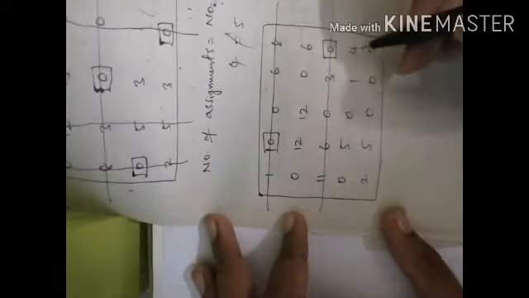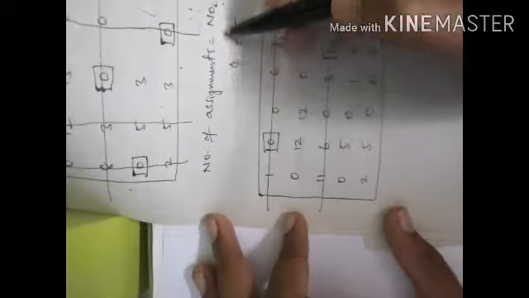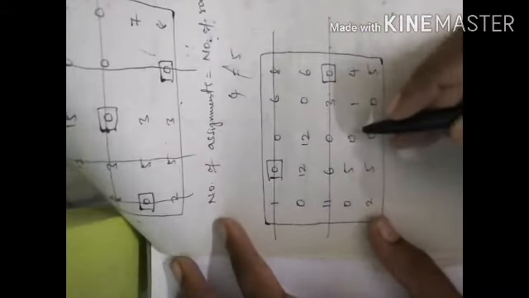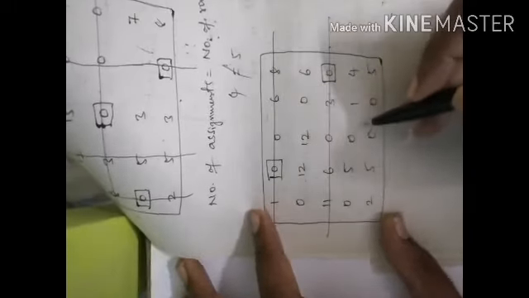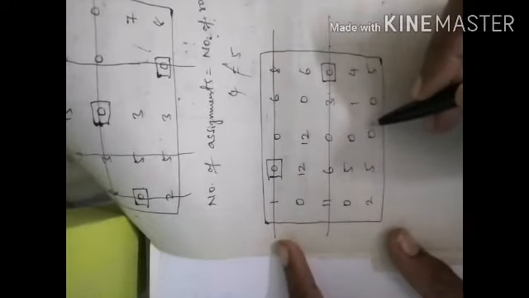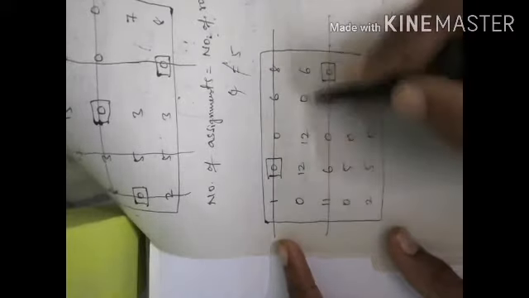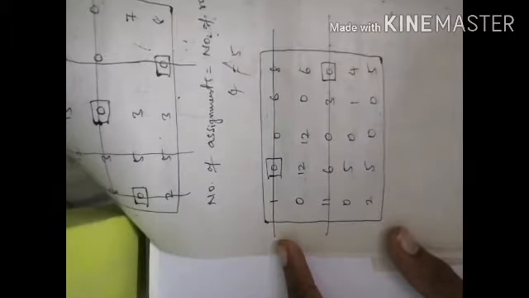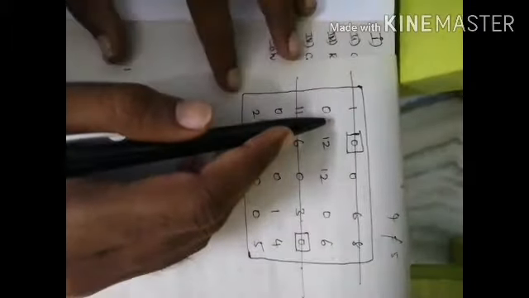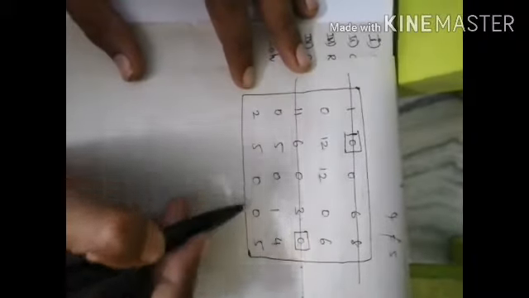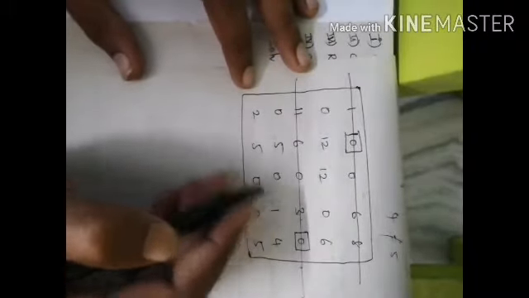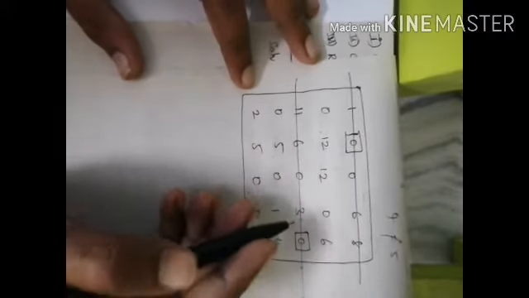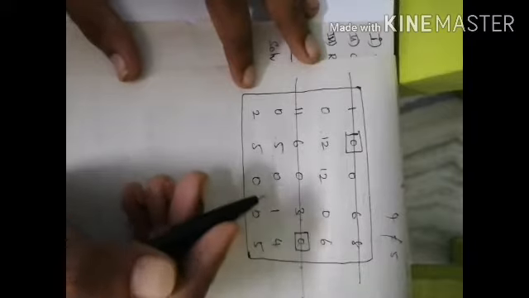So now the condition we need to check is whether the number of assignments equals the number of rows or columns. Before that we need to check whether all the zeros are covered or not. Here these zeros are not covered, right? In this situation we are not covering all the zeros, and we have multiple optimum solutions here.